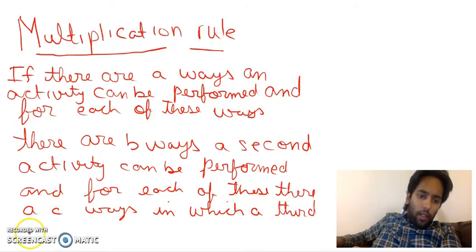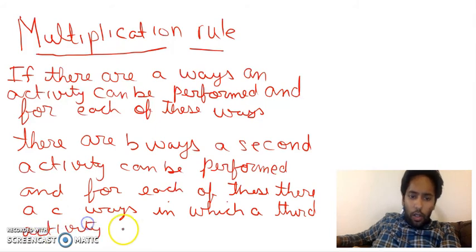So you get the drift. Now there will be D ways in which the fourth activity can be performed, and so on.